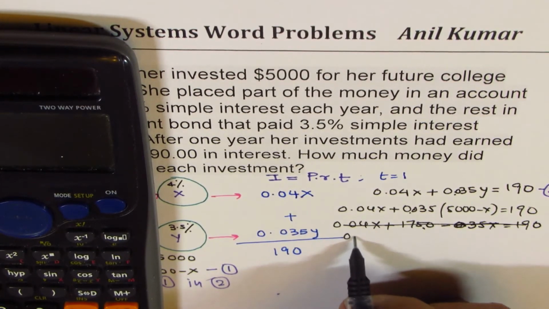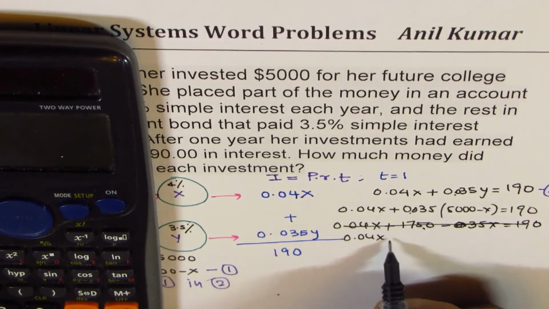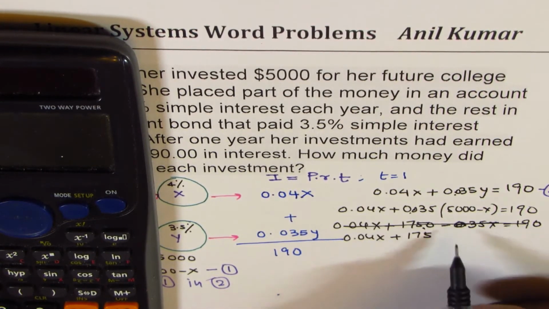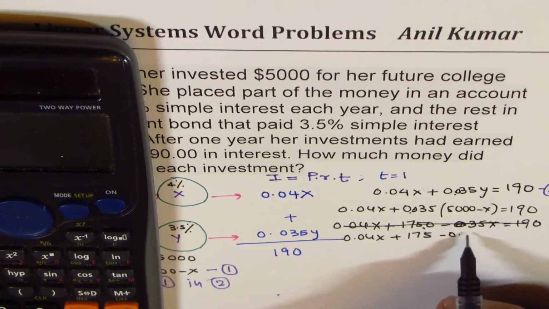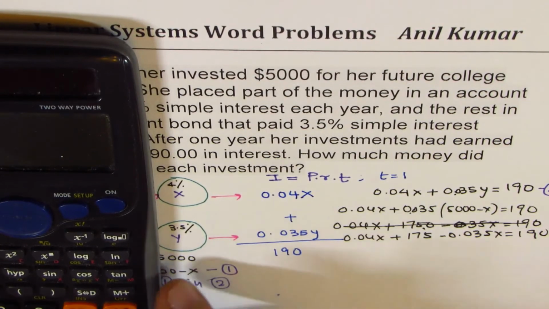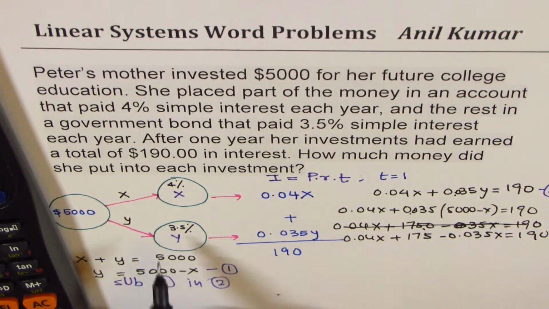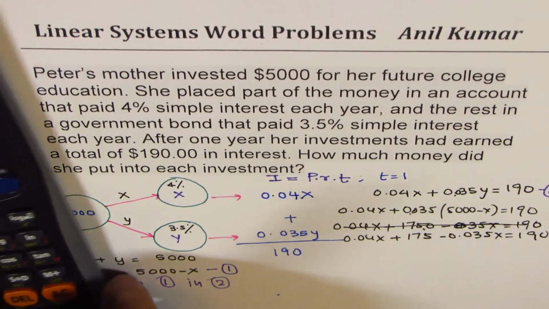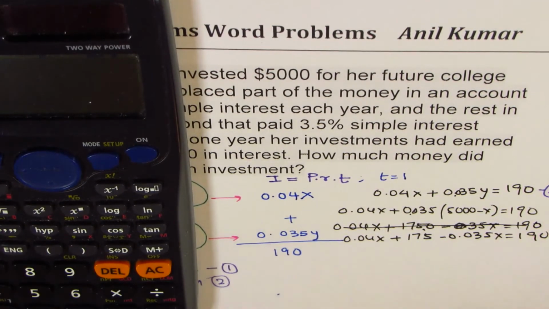So what we have here is 0.04x plus 175 minus 0.035x equals 190. Correct? This is when we do 3.5 divided by 100, we get 0.035.